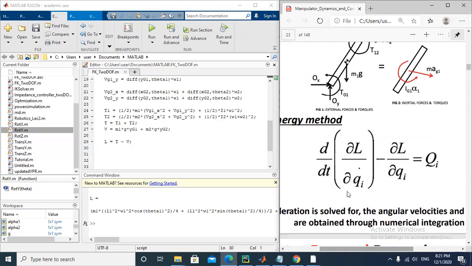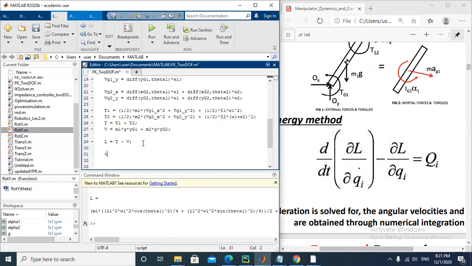If you recall from last time, the first term here is the partial derivative. So here's what I'll do. I'm going to do EOM1, the equation of motion for link 1.